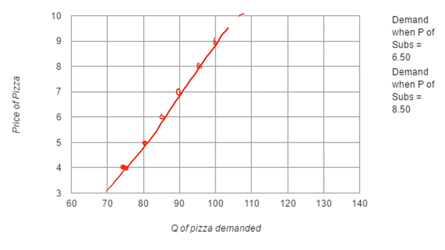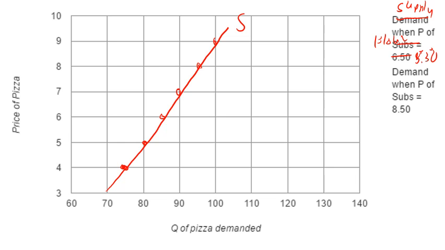So the original supply curve, S1, or we'll call it S, that's the supply when the price of flour equals $5.50.